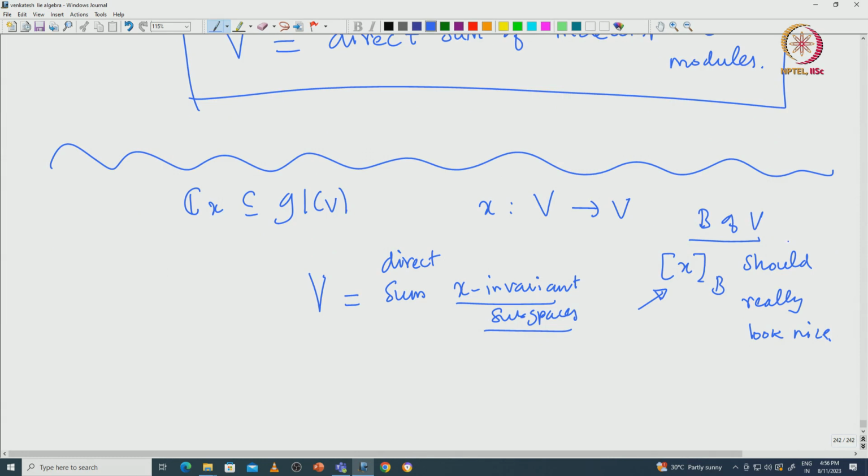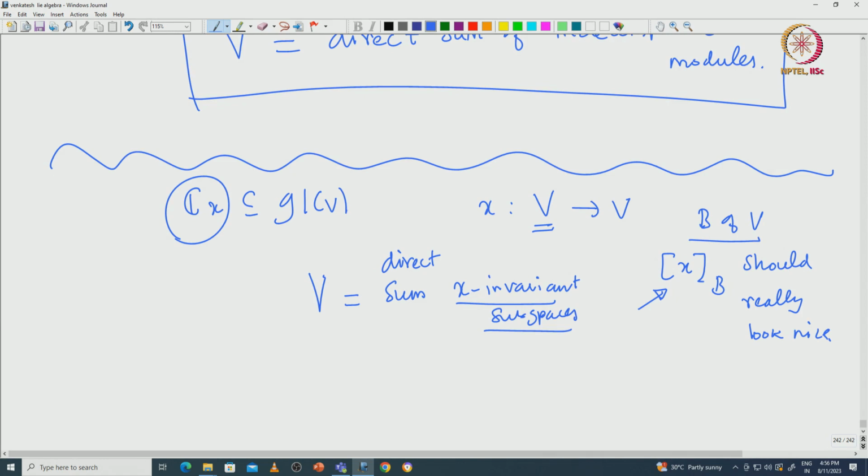Basically, the cyclic decomposition theorem says that V can be written as a direct sum of cyclic subspaces. So, these indecomposable x invariant subspaces are nothing but cyclic subspaces. So, you can say that finding the Jordan canonical form or rational canonical form fits into understanding the representation of this one dimensional Lie algebra Cx.